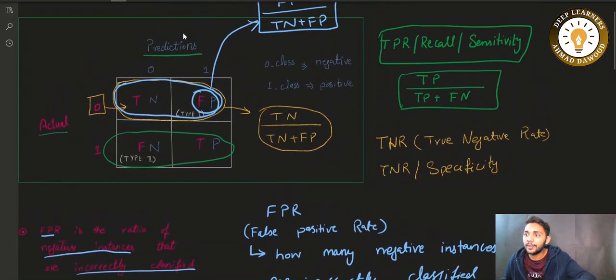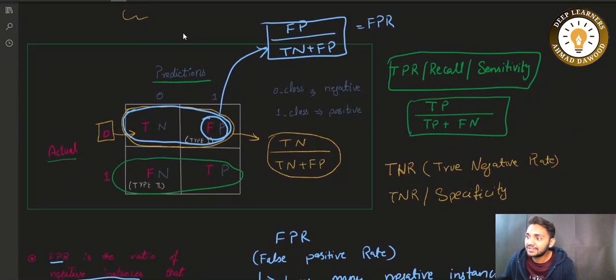Now you have an idea of the difference. Here we are considering the negative instances, but we are calculating the errors: how many negative instances are incorrectly classified.